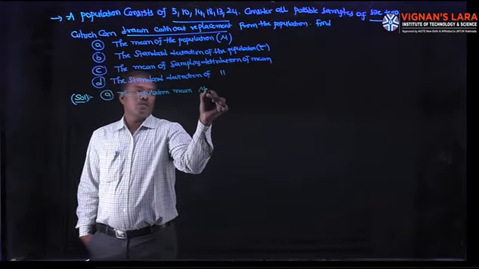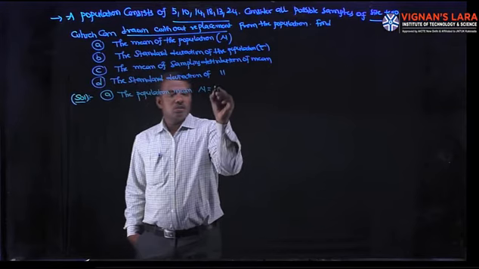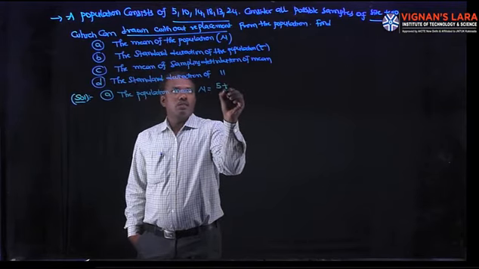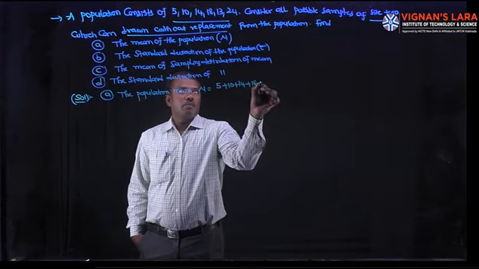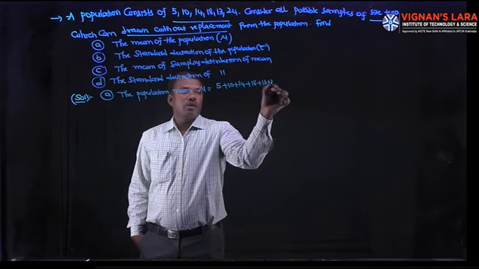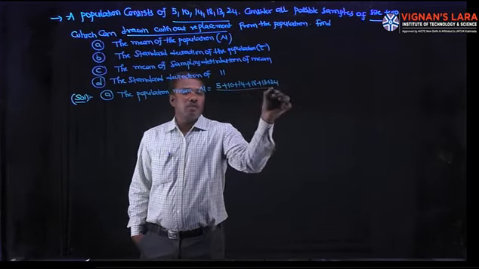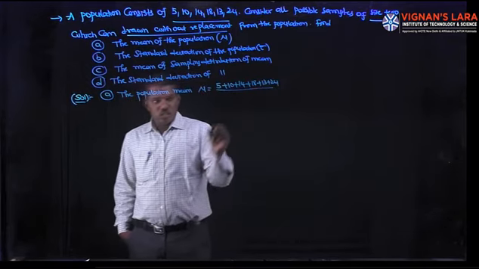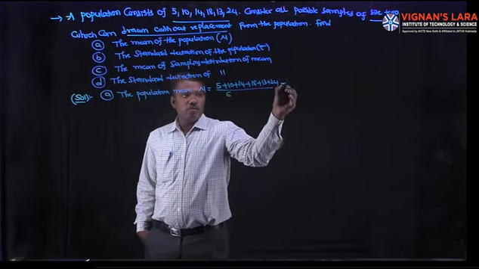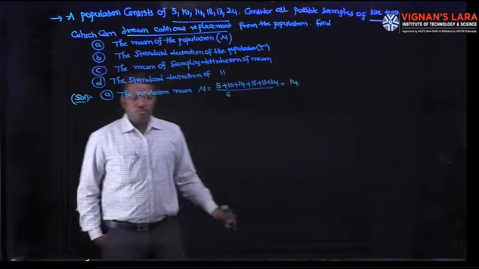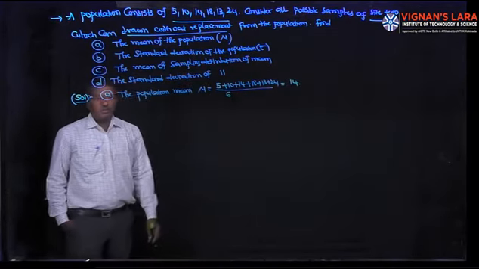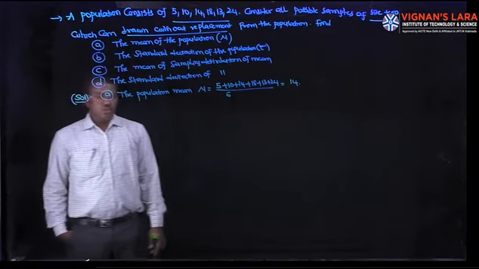Its formula is 5 plus 10 plus 14 plus 18 plus 13 plus 24, the summation of all the elements divided by their number, which is 6. That is equal to 84 by 6, which is 14. So the first part is over: the mean of the population is 14.